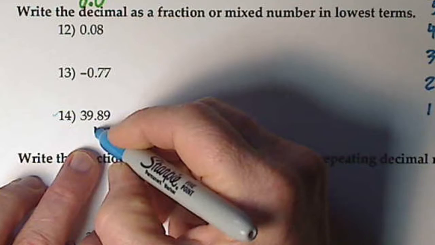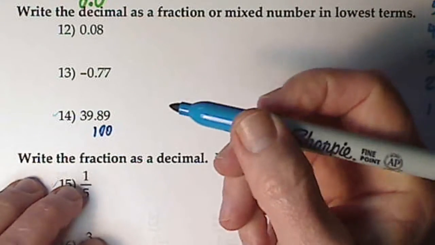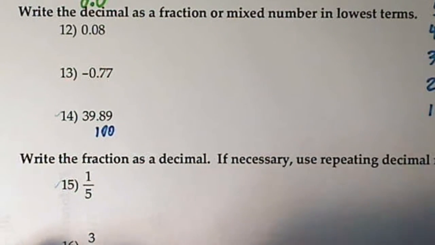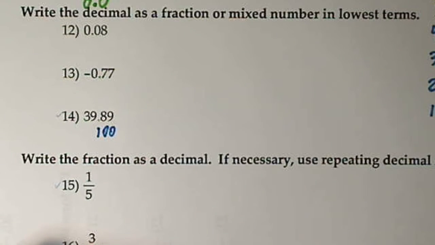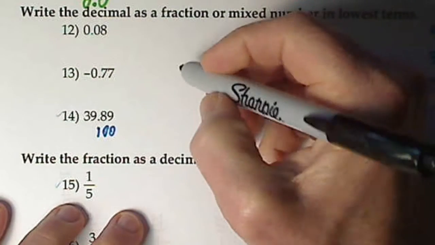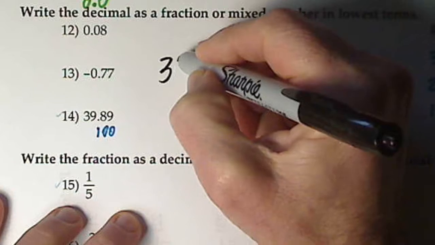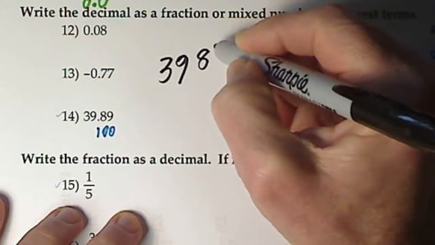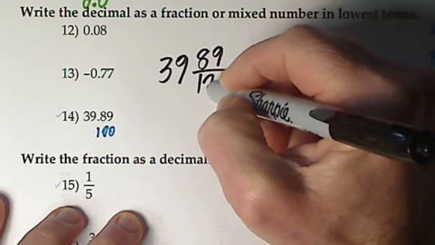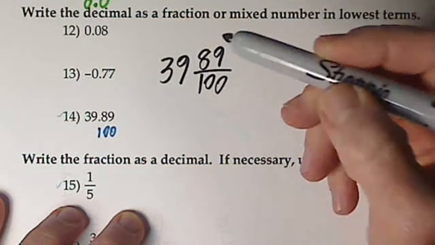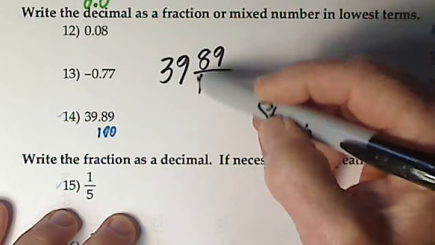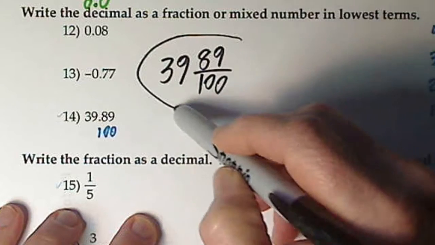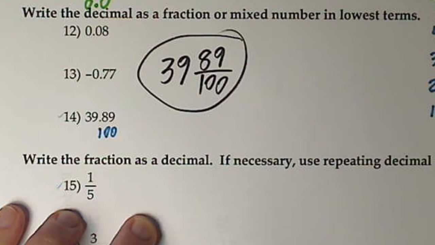That's 89 hundredths. All right. So we have 39 and 89 hundredths, and this will not reduce, so your answer actually just ends up looking like that.